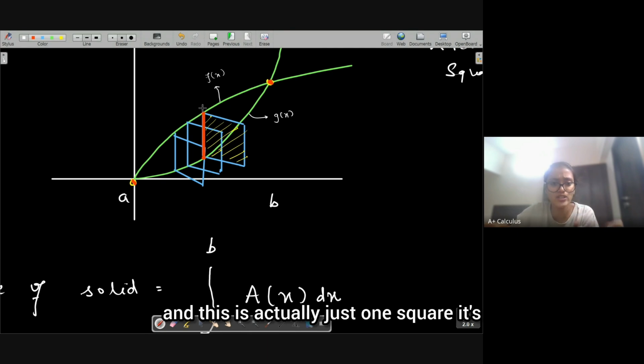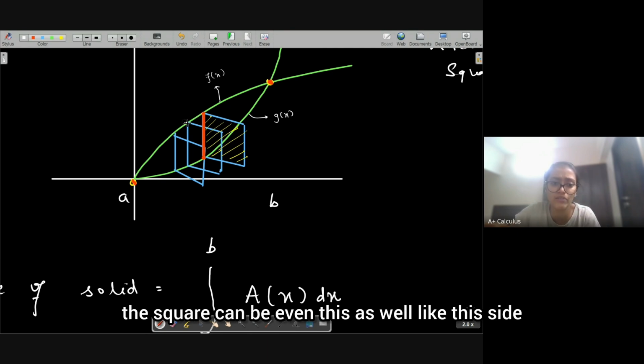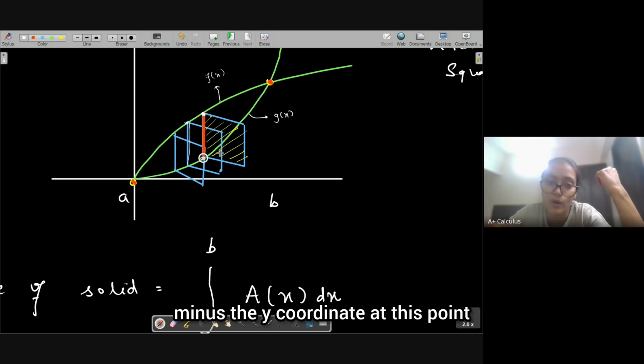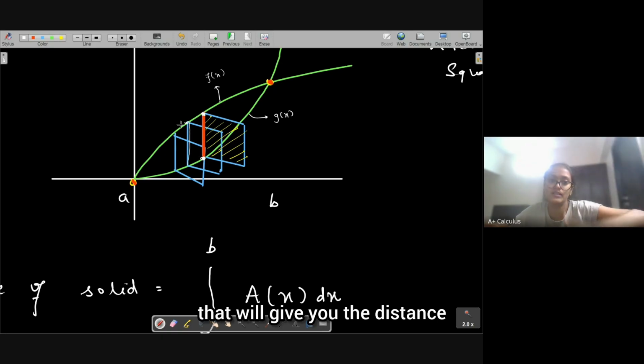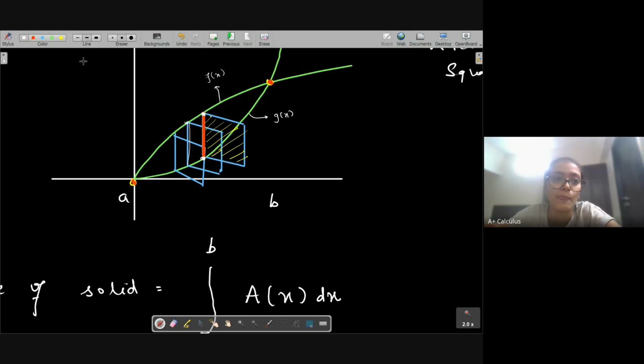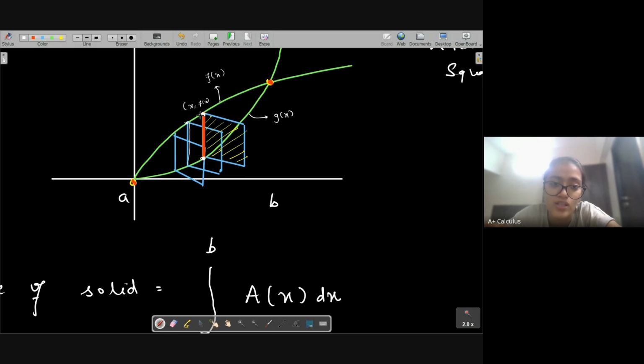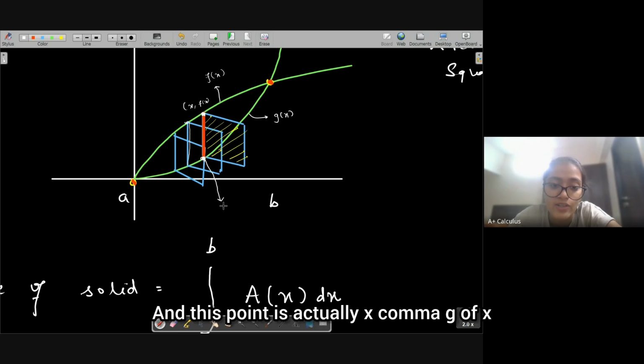And this is actually just one square. The square can be even this as well, like this side. So not the x coordinate, you will take the y coordinate at this point minus the y coordinate at this point. That will give you the distance, this red distance, right? And this point is actually x comma f of x, because this point lies on the graph of f of x, and this point is actually x comma g of x.